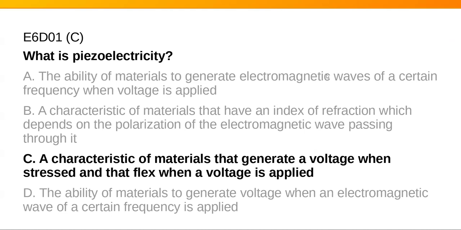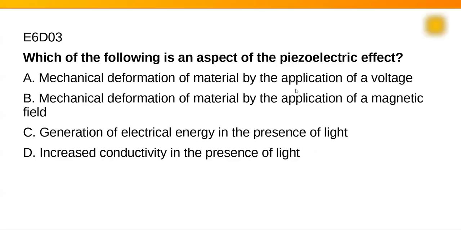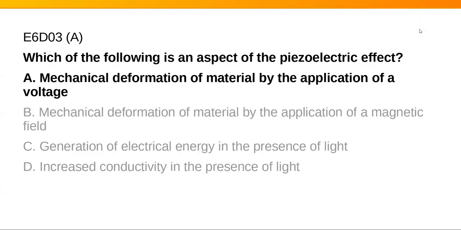It generates an electrostatic field. Which of the following is an aspect of the piezoelectric effect? Yeah, you can throw Charlie and Delta away. As far as I know, light doesn't have anything to do with it. I'll call it Alpha. I think I'll go with Alpha too.